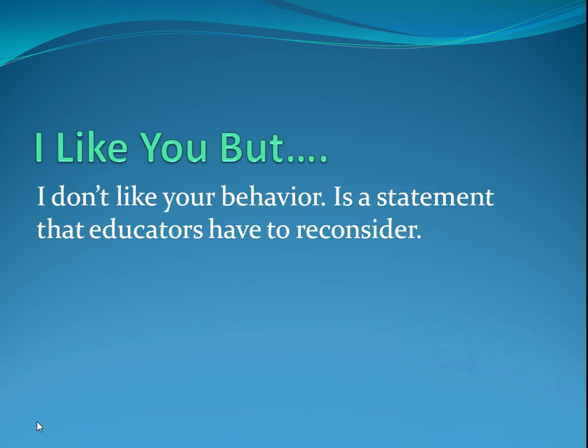We're utilizing it with kids who we have trouble with, kids that are behavior problems, kids that might just not respect us at all in the classroom. And we have to come to terms with the fact that potentially we might not like this kid. And that statement, I like you, but I don't like your behavior, I think needs to be rethought. Because in reality, you don't like the kid.